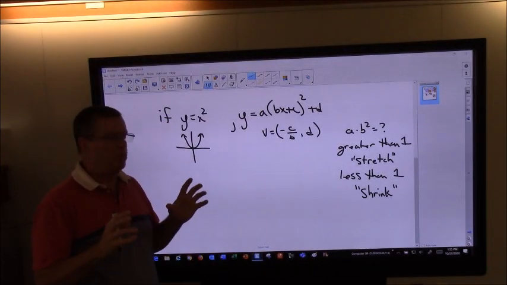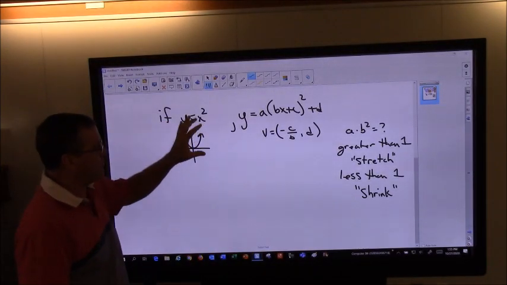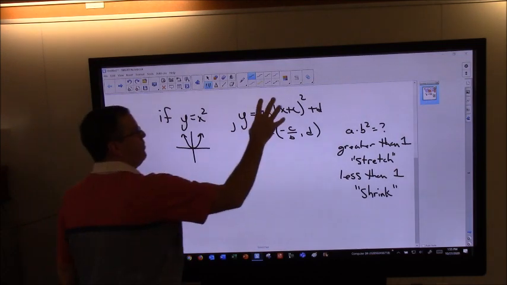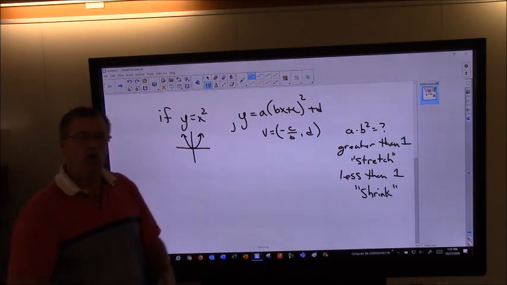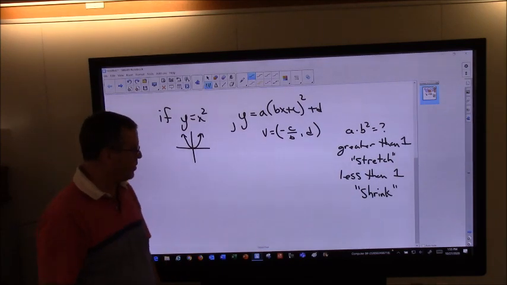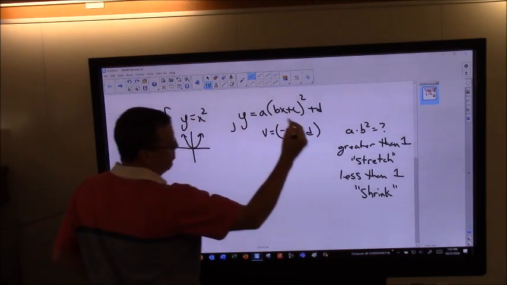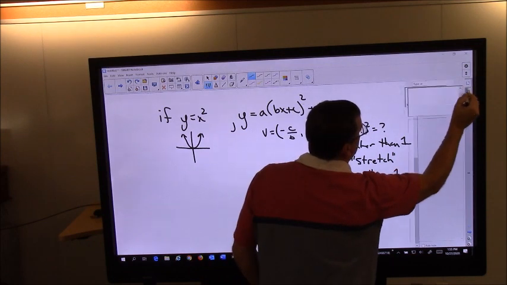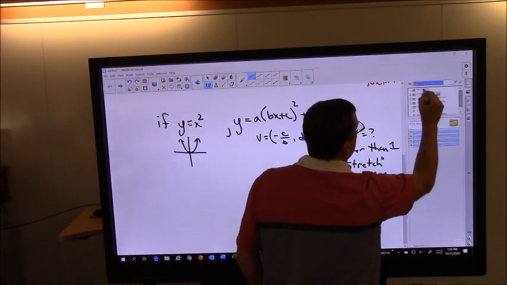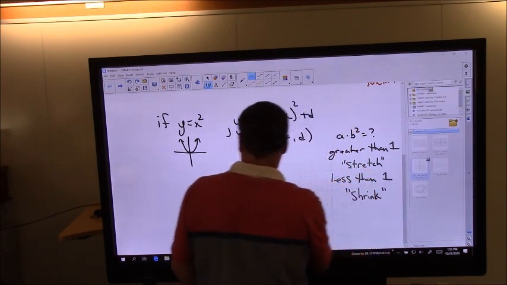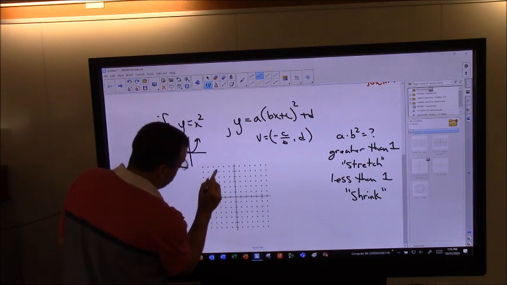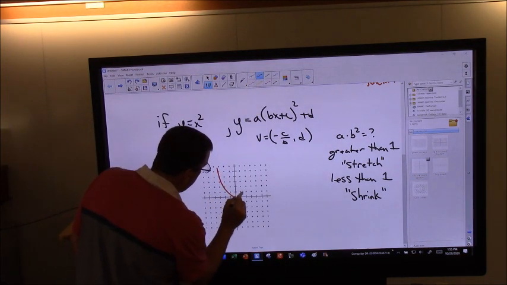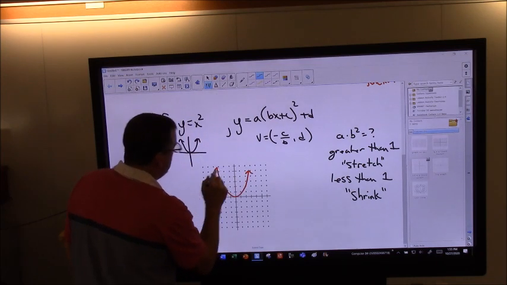So the stuff that we're doing today is really about describing how this graph is different from its parent function. What kind of transformations did we go through? When we look at a graph of something, let's just say that I've got this parabola that comes down and does this.